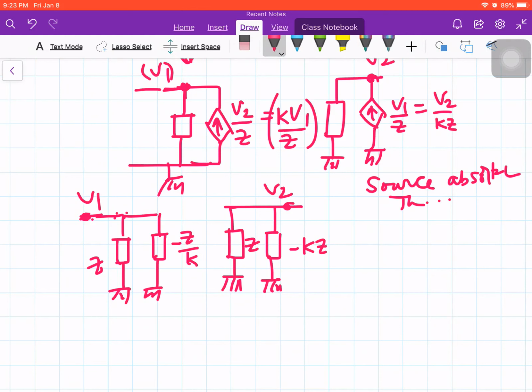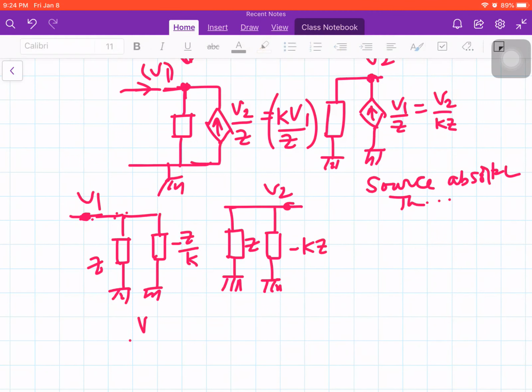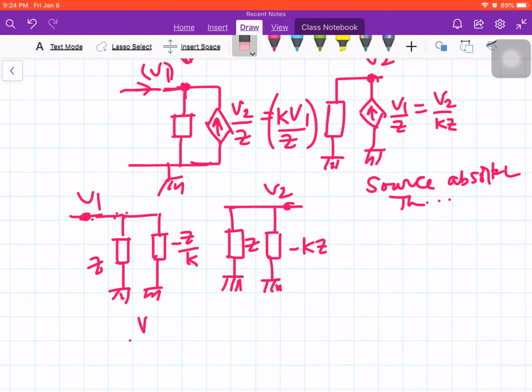That's a question now. So basically, from the terminal, it should appear the same. If I write the equation for current, what would be the equation for current here flowing in this node?